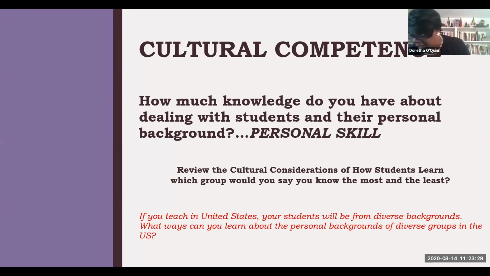So take out that handout, the cultural considerations of groups. There's the African American, and then the school practices that impede their progress. It's about your diverse students. The suggestions for understanding and teaching African Americans.